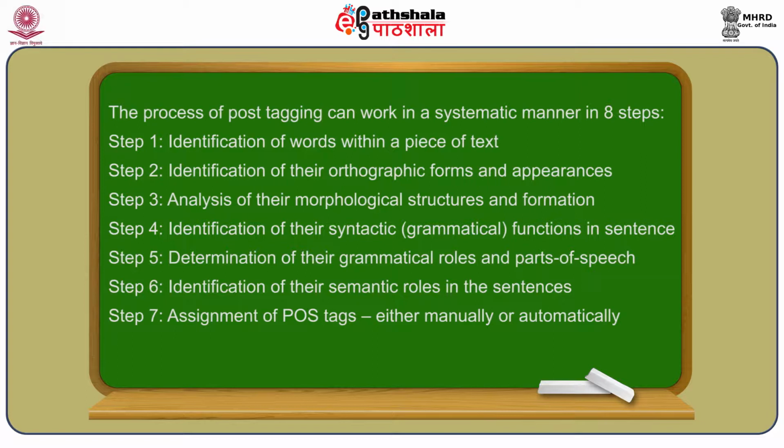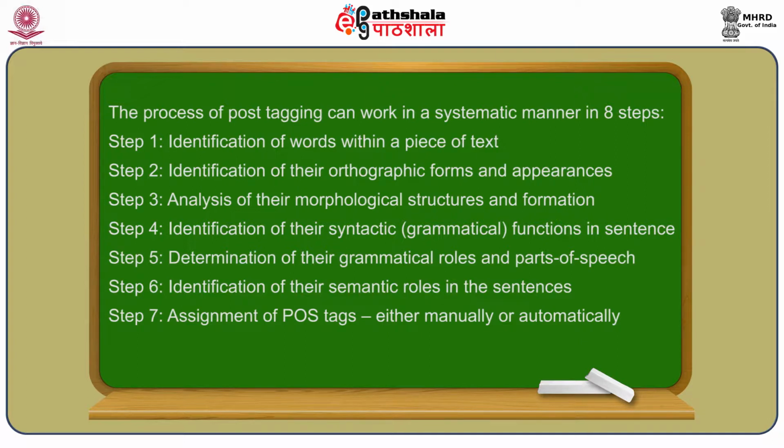So once this semantic load, morphological load, and syntactic role are identified, a particular tag is assigned to that word. Once this tag assignment is done, it produces a tagged version of the text. A word is tagged.